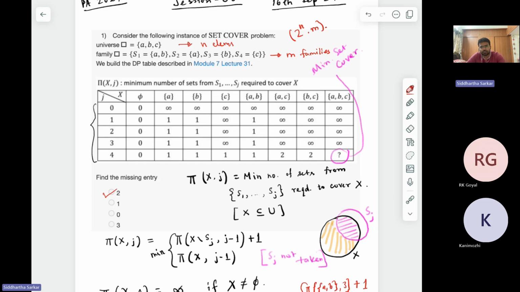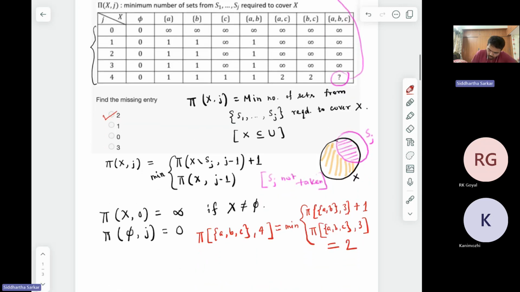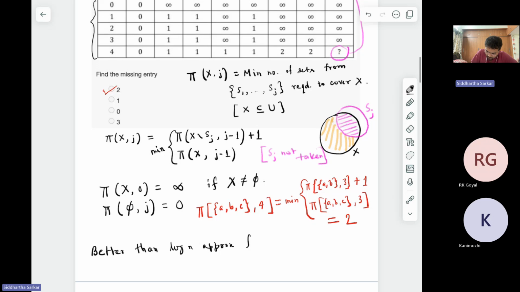There are some set systems for which better approximations are possible, but in general, better than log n is not expected. So better than log n approximation for set cover in general would imply P equals NP. So that is not expected.